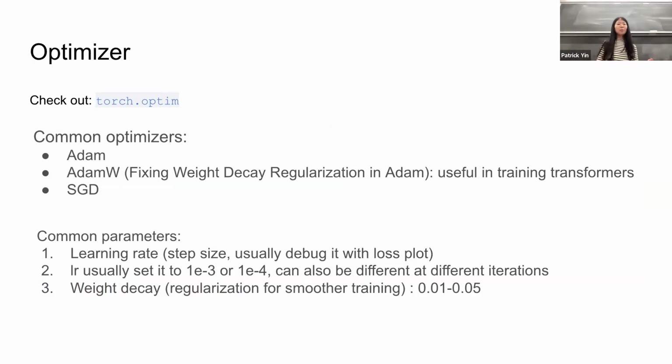Some common parameters are learning rate, usually in the range of 10 to the power of -3 or -4, or weight decay. I actually barely touch weight decay. I usually use the default, although I forgot what the default is, but the range is like 0.01 to 0.05. Any questions?